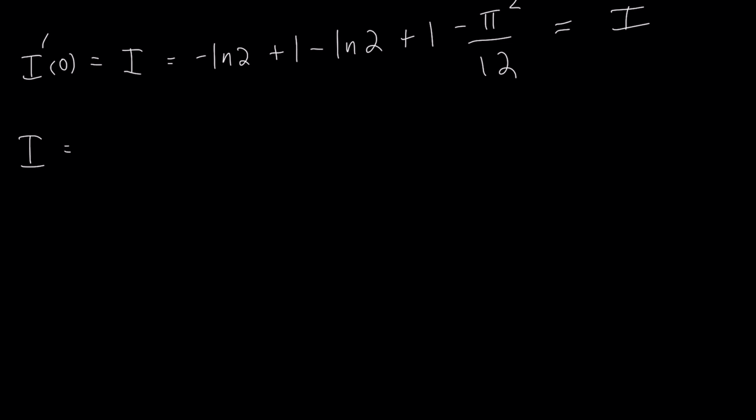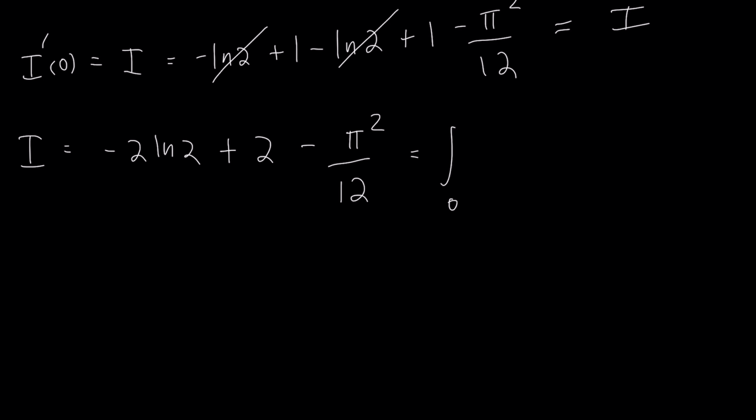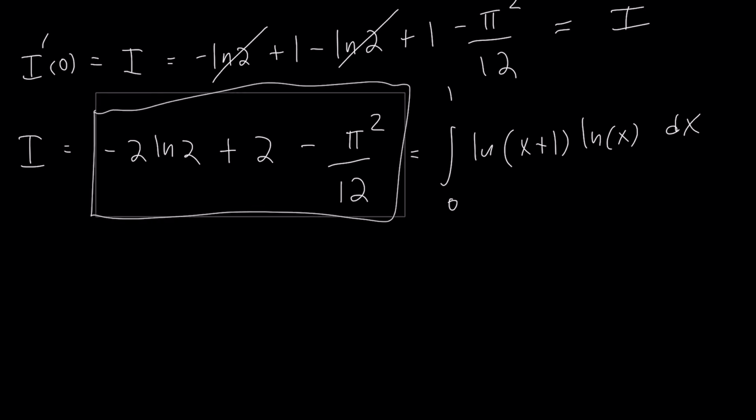So the integral will now be -2 log 2 plus 2 minus pi squared over 12, which is the value of the integral from 0 to 1 of the natural log of x plus 1 times the natural log of x dx. And so this is the final result.